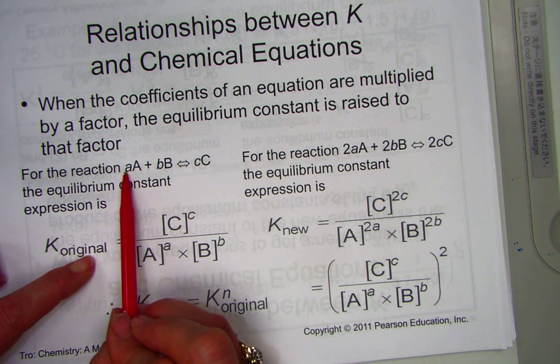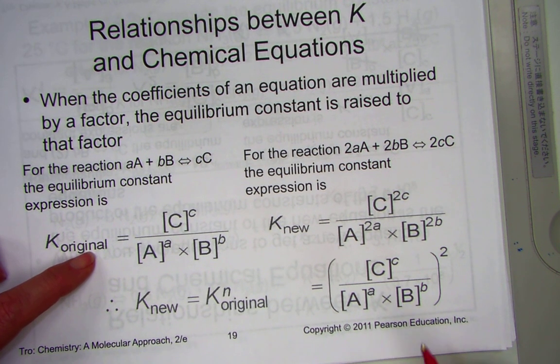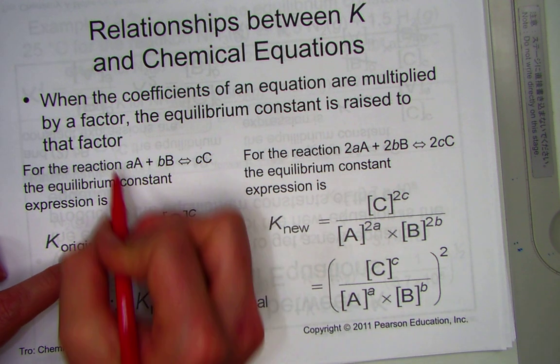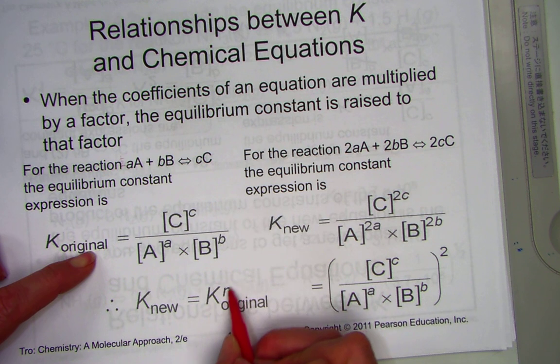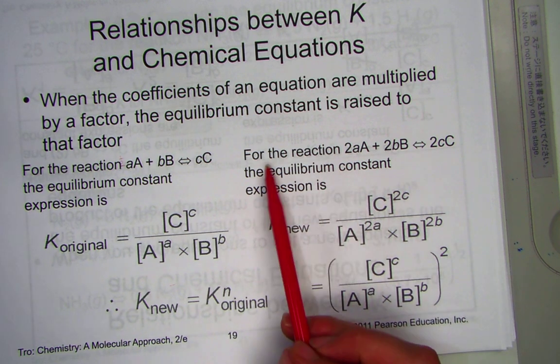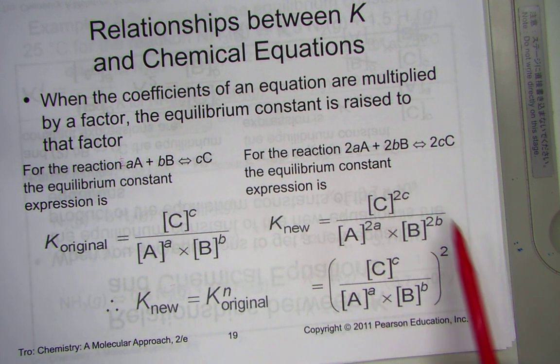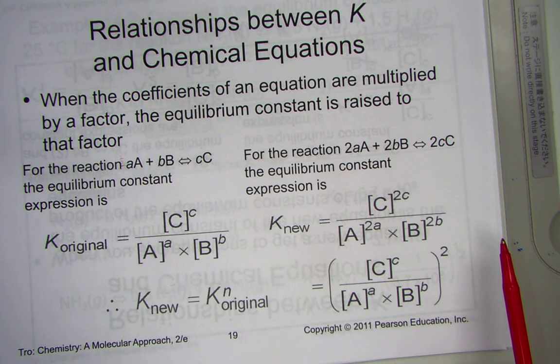If you distributed a 3 through the coefficient, you'd have to cube the original value to find the new value. If you took 1/2 of the original concentrations, distributed a 1/2, you would raise it to the power of 1/2, which is the square root of the value. So distributing a coefficient raises it to the power of that very coefficient.